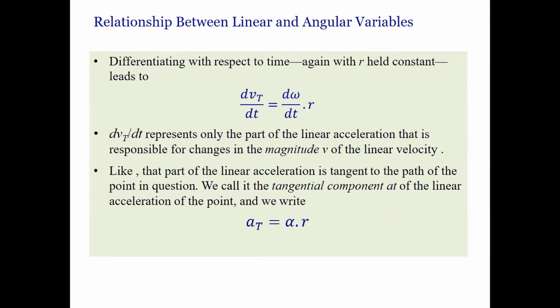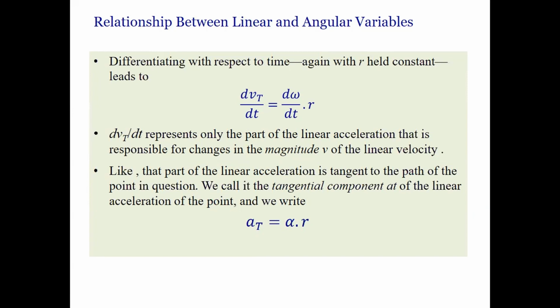If we further differentiate this relationship with respect to time, with r again held constant, then dvt over dt is equal to d omega over dt times r. And dvt over dt represents only the part of the linear acceleration that is responsible for the change of the magnitude of the velocity, that is, the tangential velocity.